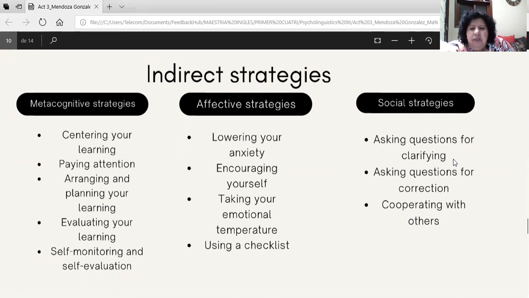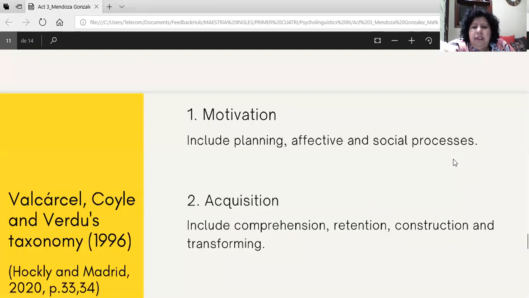In the affective strategies, it's lowering your anxiety, for example, by doing some yoga or breathing, encouraging yourself, taking your emotional temperature, that is being motivated, okay, and using a checklist. And in social strategies, we can find asking questions for clarification or correction and cooperating with others, which is when you work in groups or in pairs.